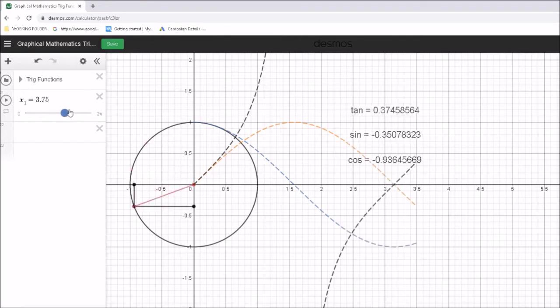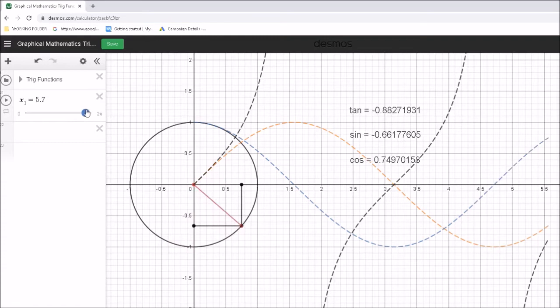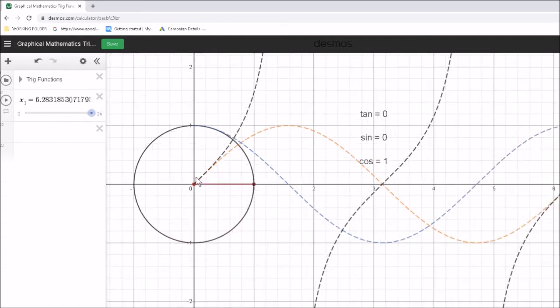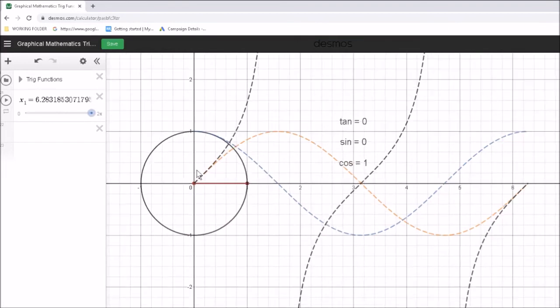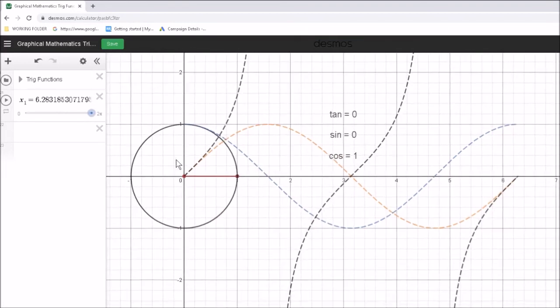And if you head off all the way round the circle to 360 degrees, you'll see that we've got the sine, the cosine and the tan functions all drawn together. And you'd notice here that the cosine function looks very similar to the sine function.